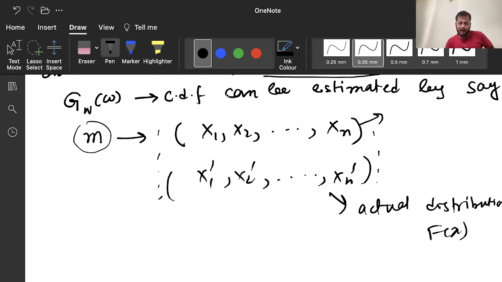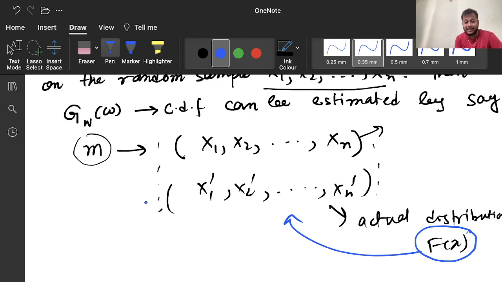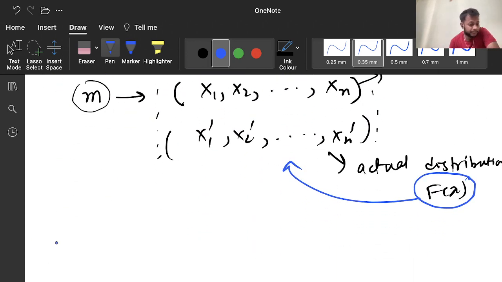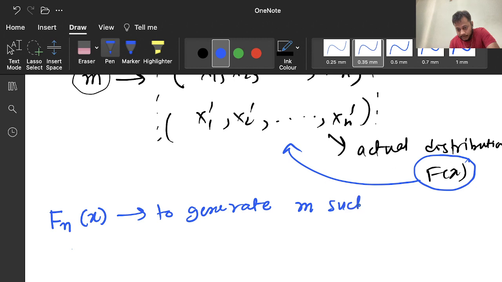But in the bootstrap method we don't want to use the actual distribution fx to generate this random variable. What we will do is use our EDF, that is Fn x, to generate m such observations.